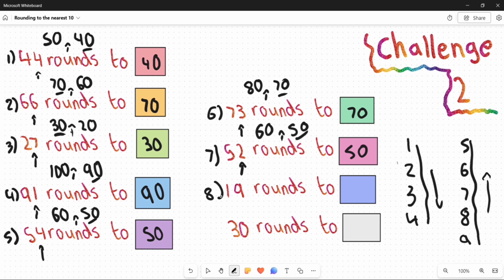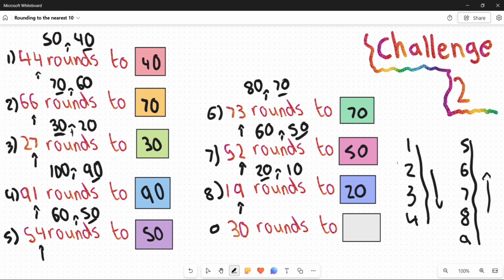Question 8, which is the second to the last question, tells us that 19 rounds to dash. Now 19 is in the middle of 20 and 10. So if we look at the number in the ones place, it tells us that we have to round up because the number is 9. So the closest number, the nearest number to round up to is 20. So 19 rounds to 20.